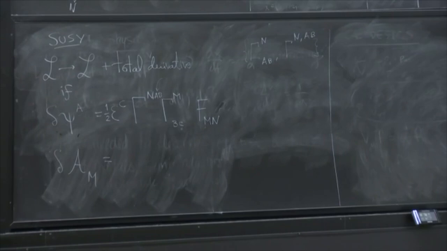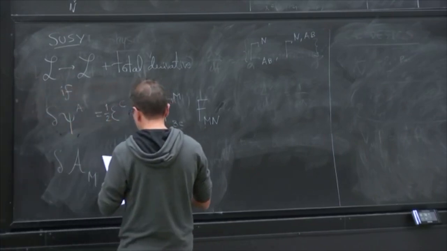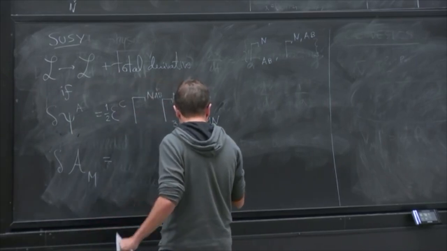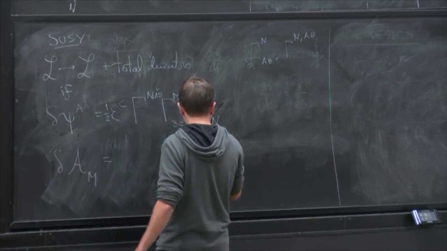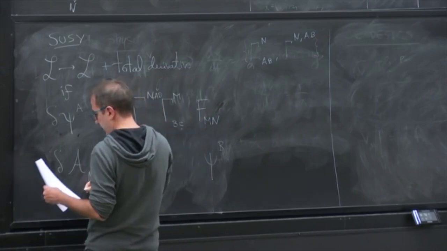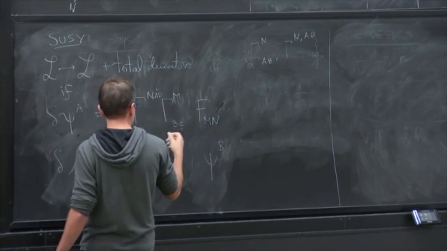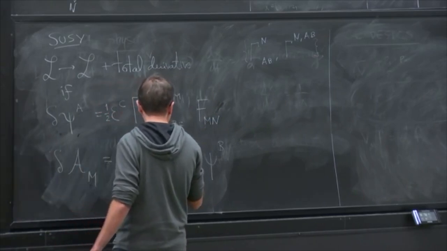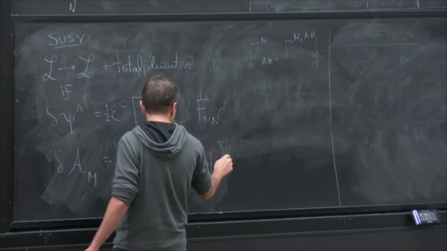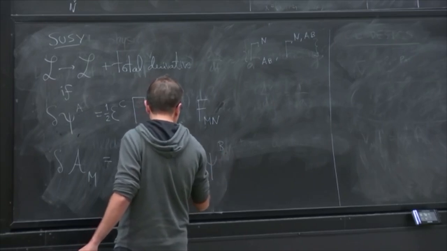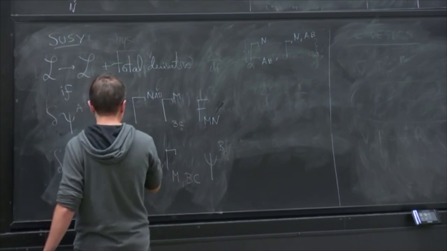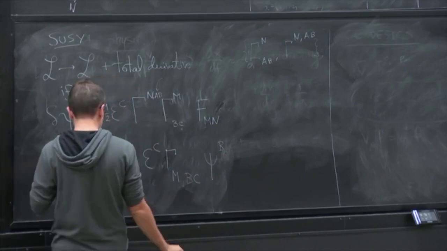What about A? You want now to put a psi here, a psi B. And now you want A M, so you can put some gamma matrix M. You don't want B, so you put BC. Then you have C, but you have the spinor epsilon C. And that's it.